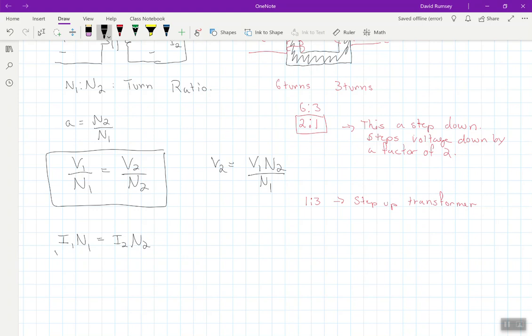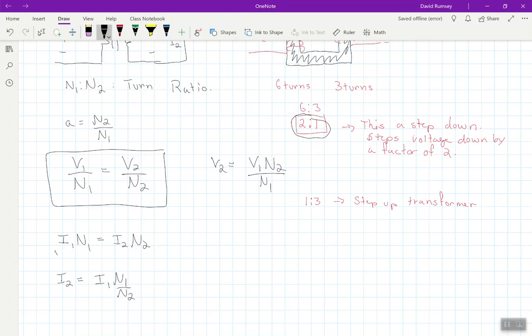Going back to this example, I2 would be I1 N1 over N2. For my step down, I'm stepping the voltage down by a factor of 2, but stepping the current up by a factor of 2. Again, we shouldn't be surprised, because power is conserved. Power is equal to current times voltage, so if we step the voltage down by 2, we need to step the current up by 2.